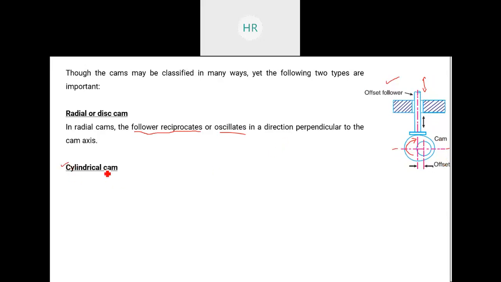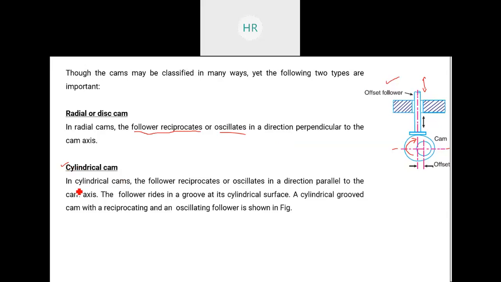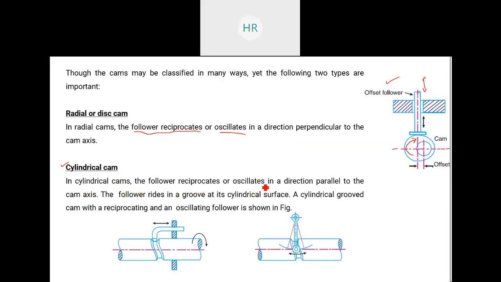And second is cylindrical cam. So in cylindrical cams, the follower reciprocates or oscillates in a direction parallel to the cam axis. So here below two figures you can see the axis of cam is this one. This also. This is the axis of cam, and this one is follower.